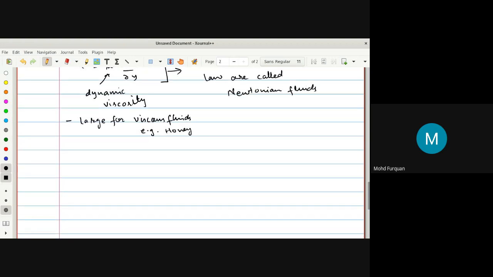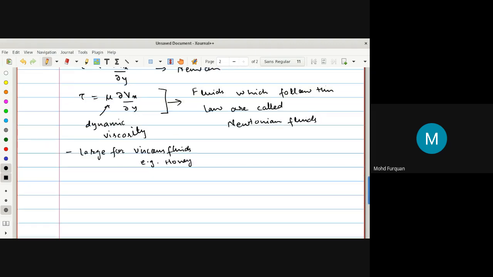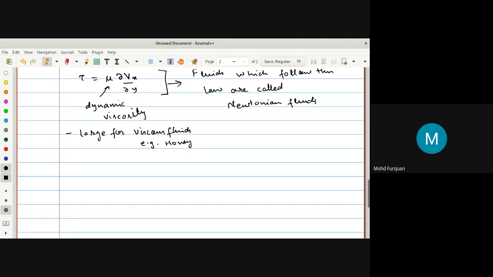But as I said, not all fluids are Newtonian. For example, toothpaste, tomato ketchup, and lots of various fluids don't follow this law. They don't follow this linear relation, tau proportional to strain rate, del Vx by del y. So for those fluids, you have to use a different relation.